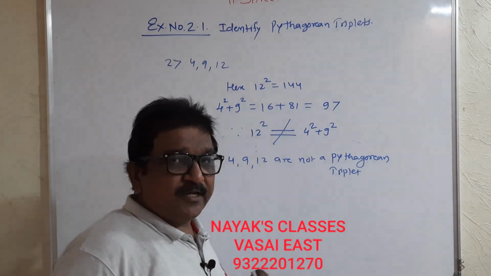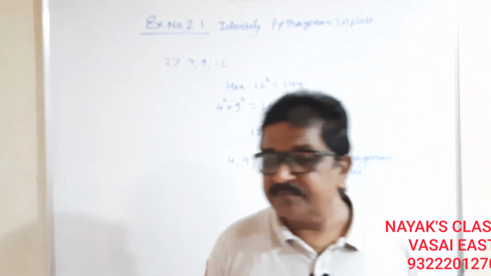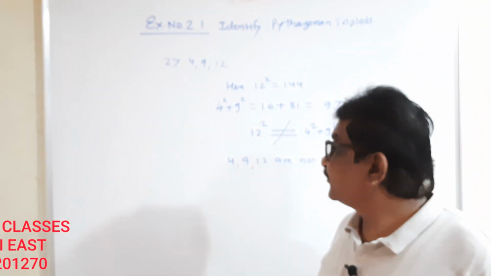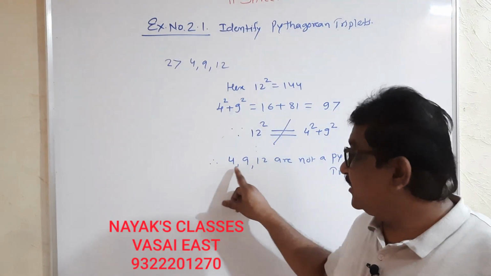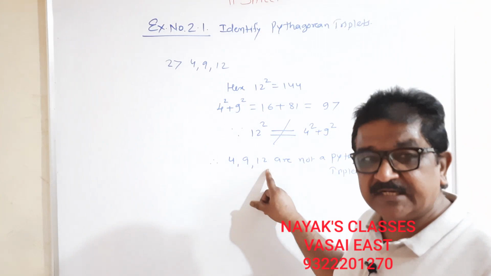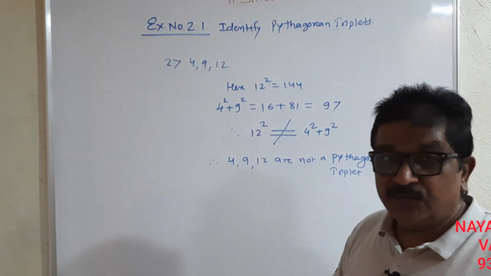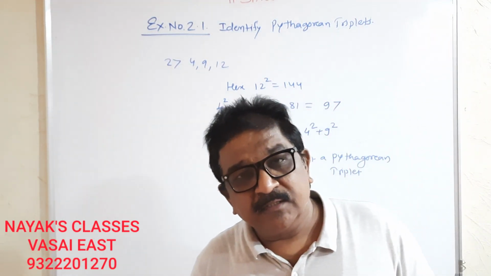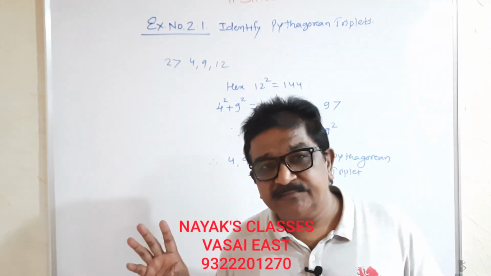So you can check with compass boxes, drawing instruments. If you take 4 centimeter, 9 centimeter and 12 centimeter, you will never be able to draw a right angle triangle.